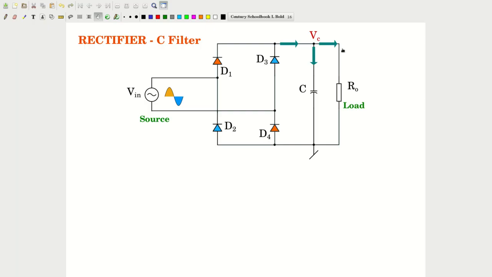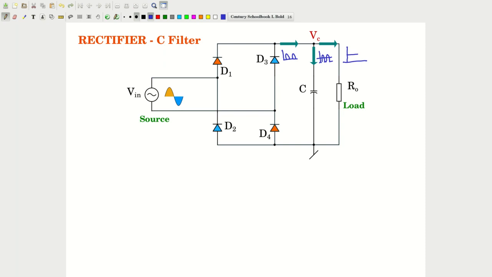So here we expect the current to be a DC, and around here we expect the current to be a spiky, peaky current, and through the capacitor we expect the current to have gone down by the load current value, something like that.